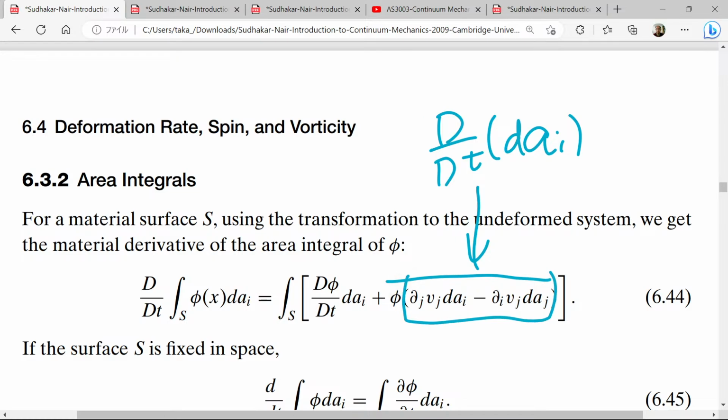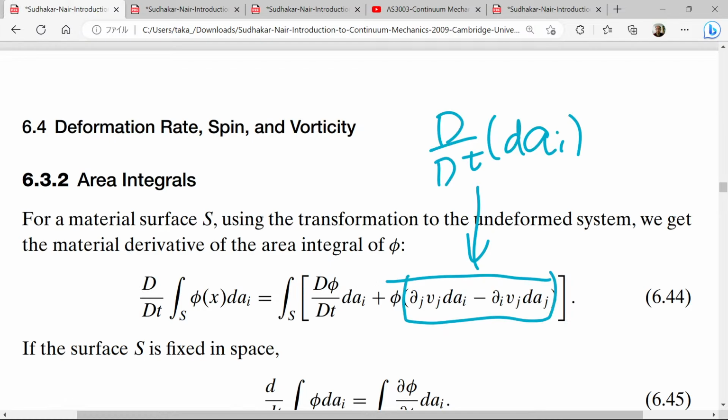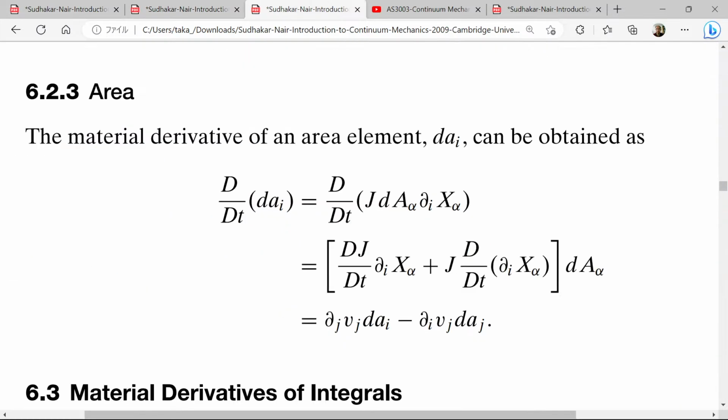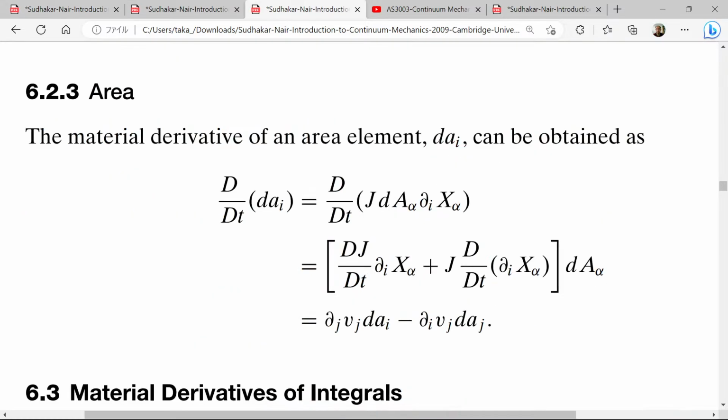Partial v, dA. So we use this one. Then we have to combine back.